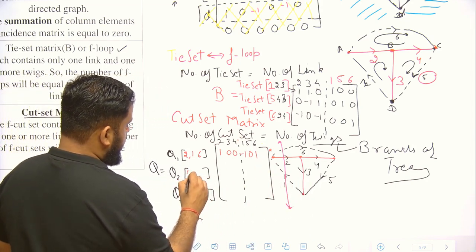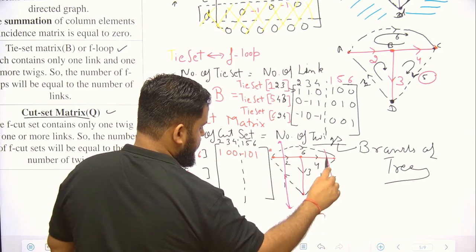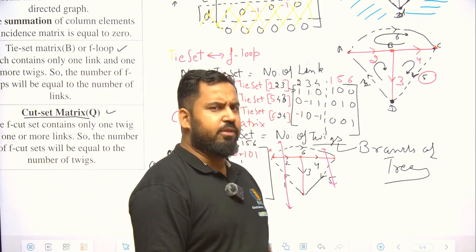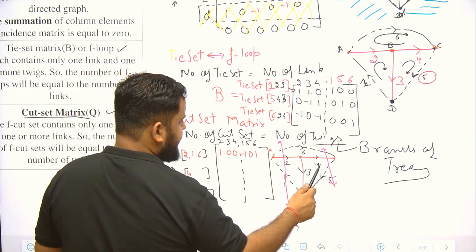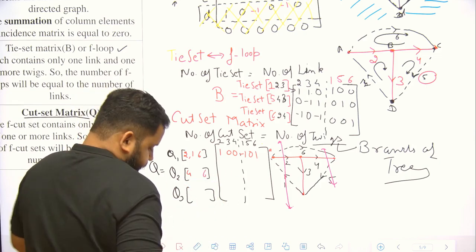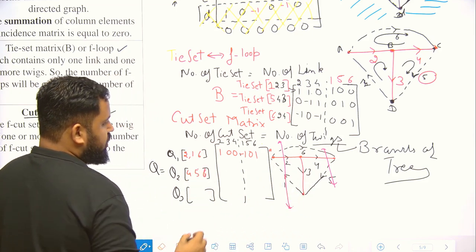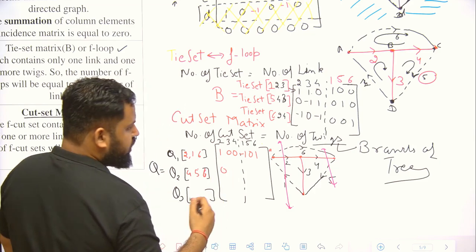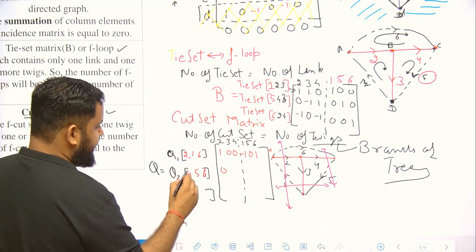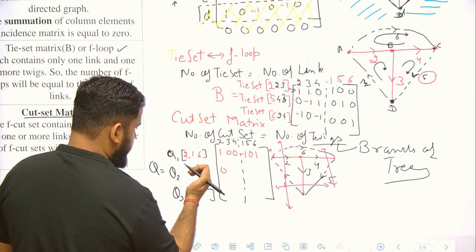Next cut set. The twig I'm using is 4. Cut set is basically dividing the graph into two halves. Using 4, it has cut 6 and 5. Sorry, we'll go in order.